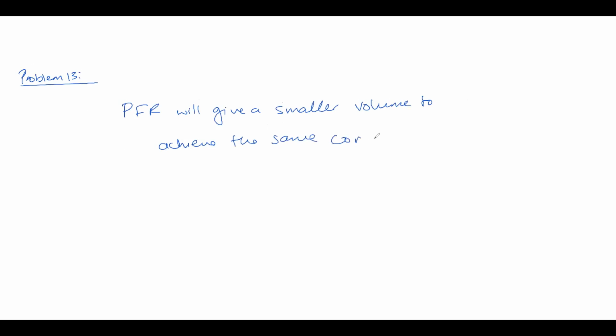And of course, you can always try to solve it numerically, but it doesn't matter. You're still going to reach the conclusion that the PFR will give a smaller volume. We've talked about this a lot throughout the course, and it's actually a very easy problem.